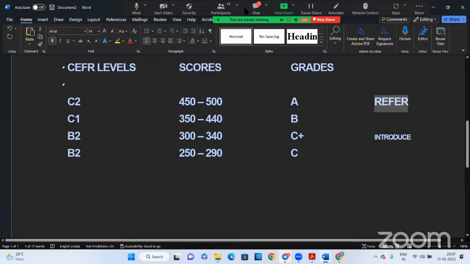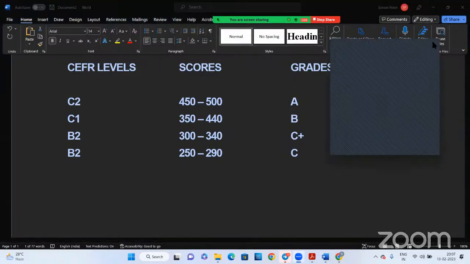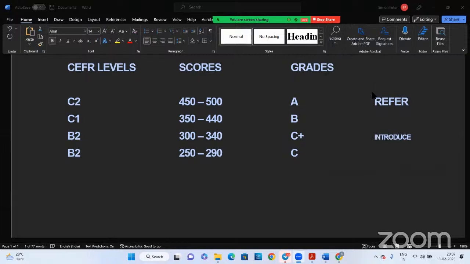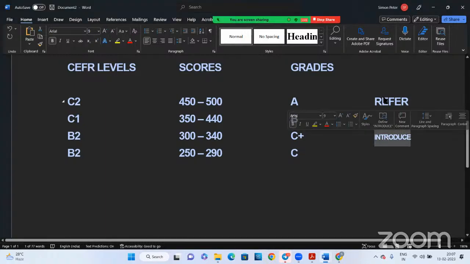Refer means to introduce only. I am referring somebody to you means you don't know that person, so I'm referring him to you. That's the meaning. The other person doesn't know, so that's why you're referring. So now, do you want to use introduce or refer?